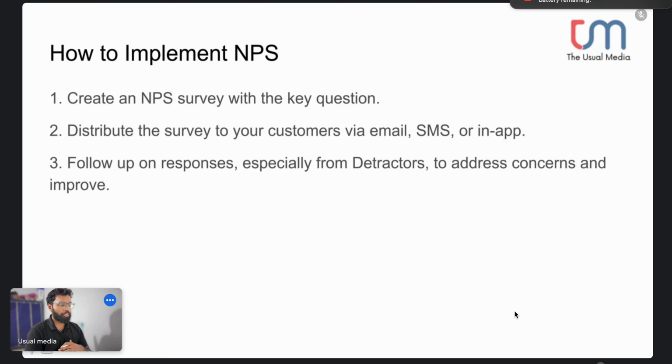Also follow up on the responses, especially with the detractors, because the customers who are very unsatisfied with your product or service are supposed to be addressed, and their problem has to be solved, because if you solve a customer's problem, more likely they will recommend it to their friends, and with that scenario your NPS score will increase.